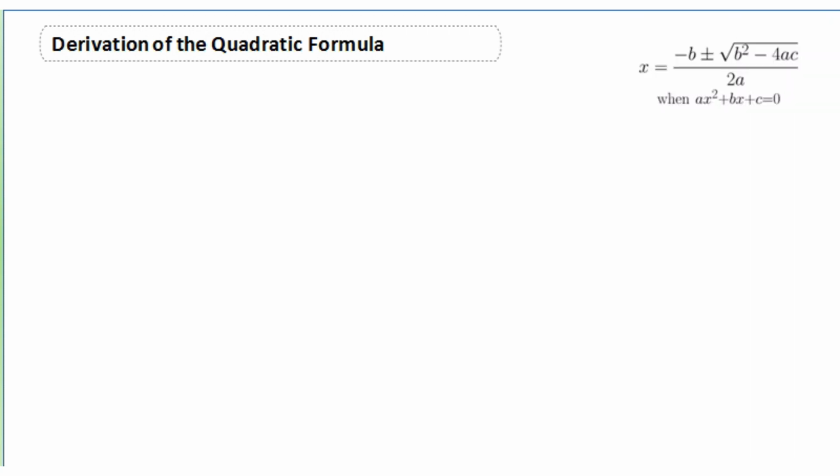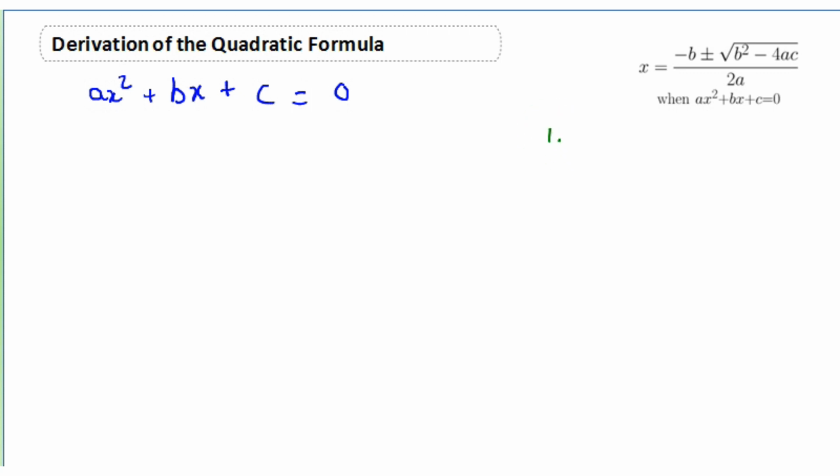So starting with the standard form of the quadratic equation, we know that the quadratic equation is ax square plus bx plus c is equal to 0. That's the standard form of the quadratic equation. And if you remember, I had told you the steps earlier also, but just in case you don't remember them right now, I'll write the steps here.